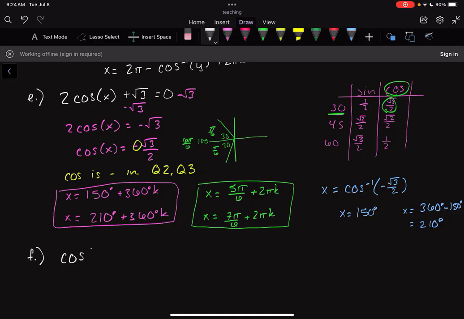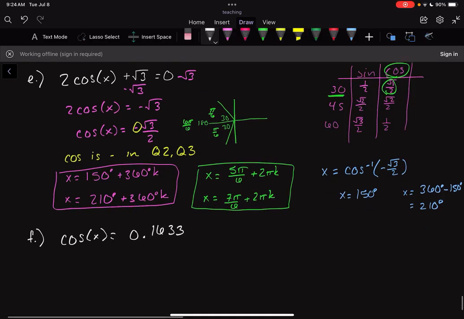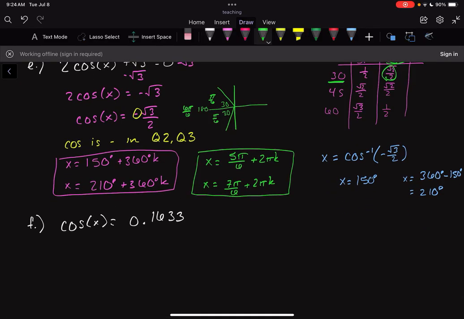This one says cosine x is equal to 0.1633. And so that's not on any of my charts. I don't just know what angle to plug in here. So this is one of these cases where we actually would use the general formula.